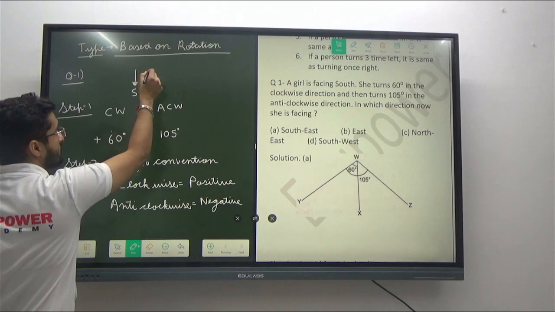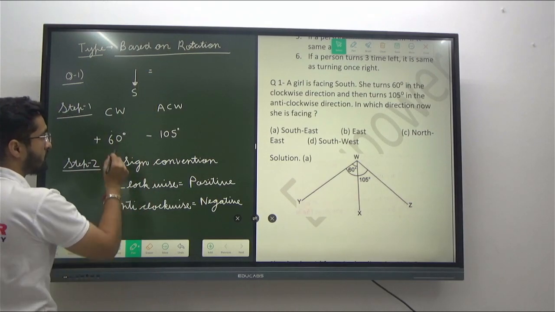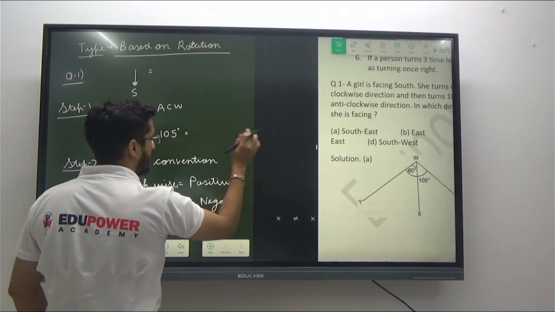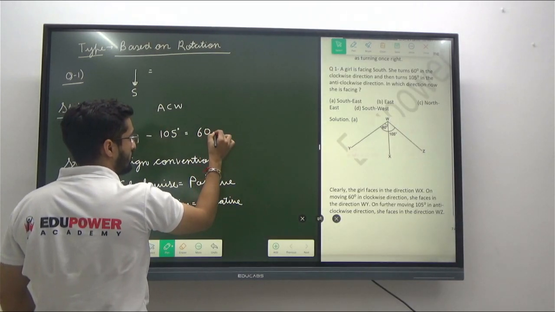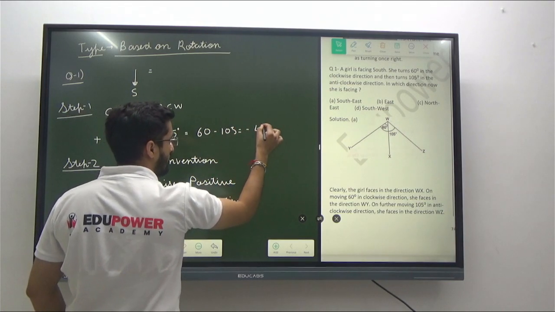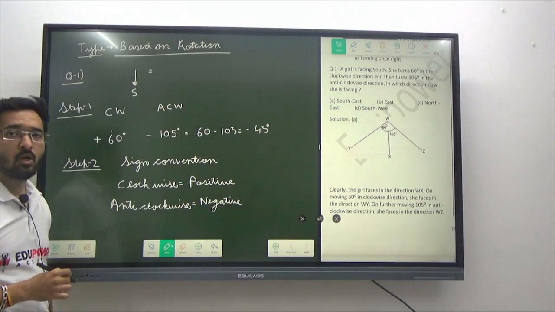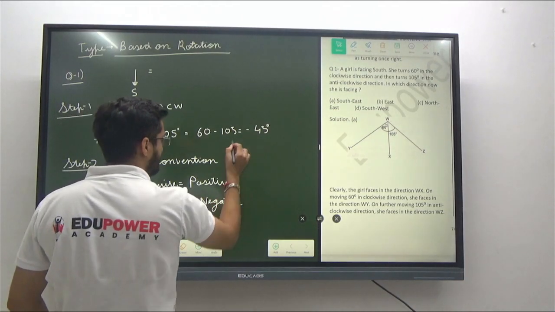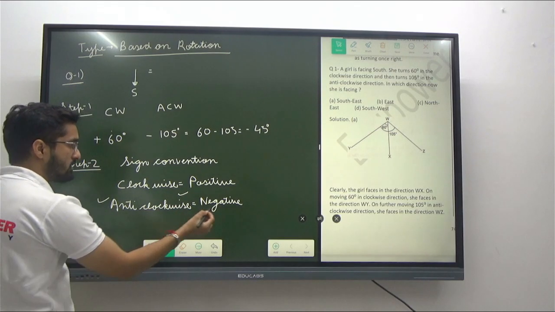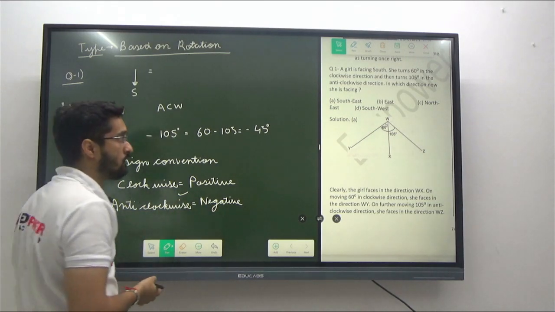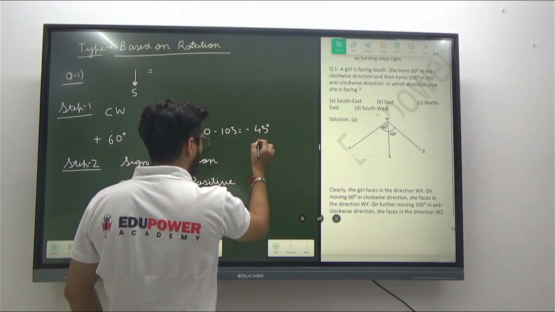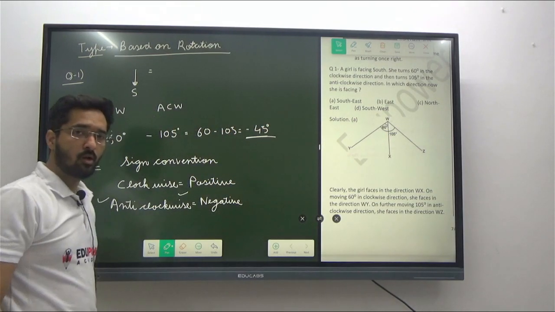It is 60 minus 105, which is minus 45 degree. Now, what does this minus sign indicate? This minus sign indicates that the rotation is in the anti-clockwise direction, because for anti-clockwise we take negative. So the rotation will be in the anti-clockwise direction, 45 degree.